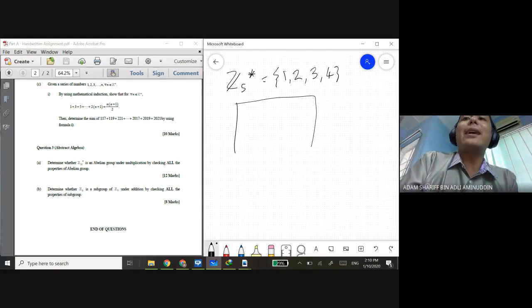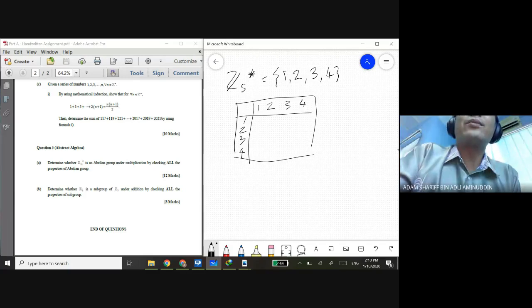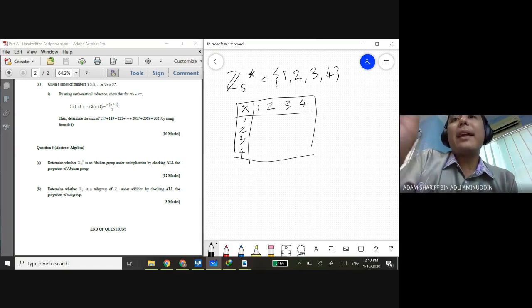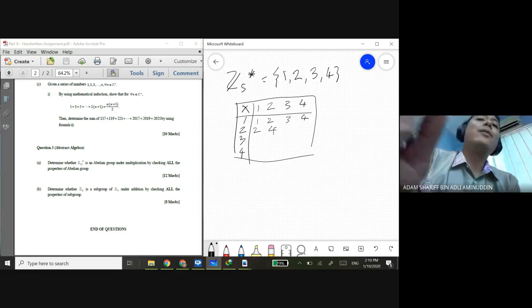Some people make mistakes in the Cayley table too. 1, 2, 3, 4 and 1, 2, 3, 4. In the question it says under multiplication, so here we multiply. In your mind right now, it must be multiply, then you mod 5. 1 times 1 is 1, 1 mod 5 is 1. 1 times 2 is 2. 1 times 3 is 3, 3 mod 5 is 3. 1 times 4 is 4. When you arrive at 2 times 3, that is 6. 6 mod 5 is 1. This is modulo from chapter 1.